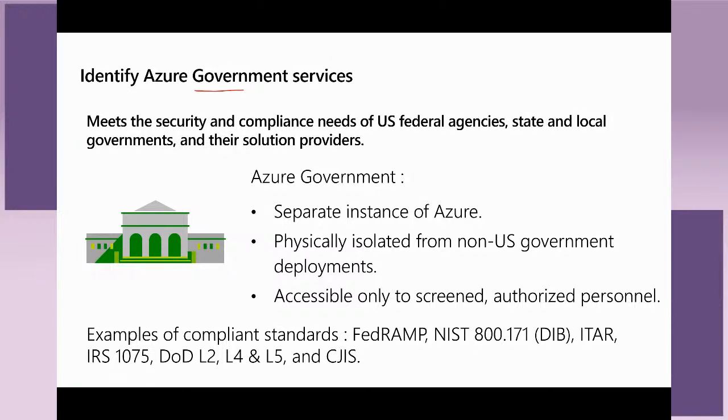It is physically separated and dedicated to US government workloads only. It is designed for highly sensitive data, enabling government customers to safely transfer mission critical workloads to their cloud. And these are their compliance standards with respect to Azure Government services.